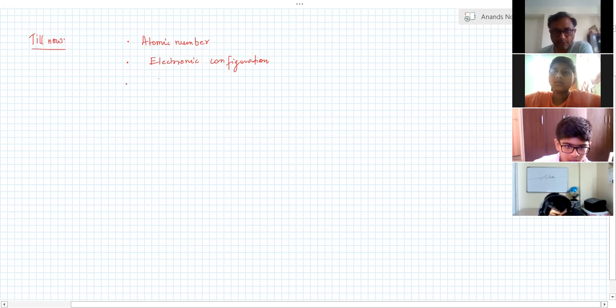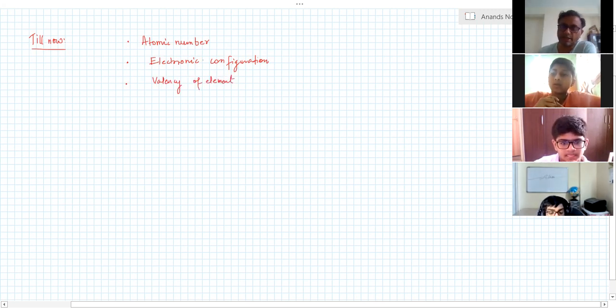From there, we are able to say what is the valency of the element, by using the principle of octet or duplet. We saw that 8 electrons in the outer shell means stable.